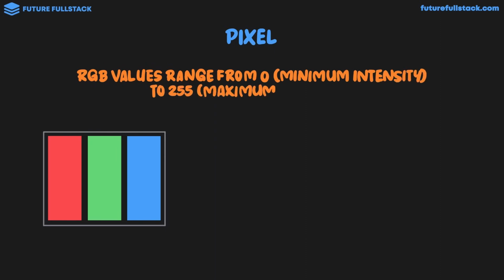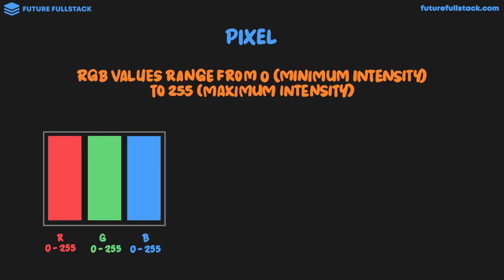RGB values range from 0, which is minimum intensity, to 255, which is maximum intensity. So for red, the intensity can go from 0 to 255, for green, 0 to 255, and for blue, 0 to 255. So for each color, there are 256 possible values, 0 being one of them.